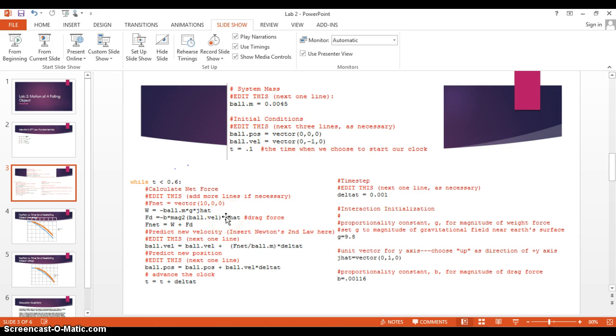The drag force is the proportionality constant multiplied by the magnitude of the velocity multiplied by the direction of velocity, and this value ends up being positive because it pushes upward on the object, modeling air resistance. The net force is both of these forces added together. Each time this loop iterates, it updates the velocity, position, and time using Newton's second law.